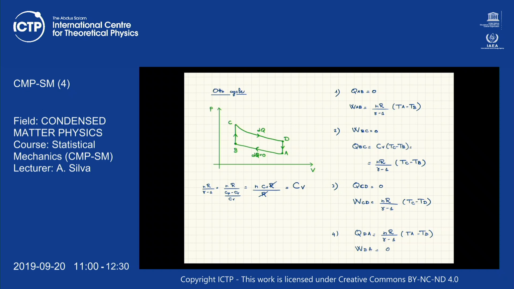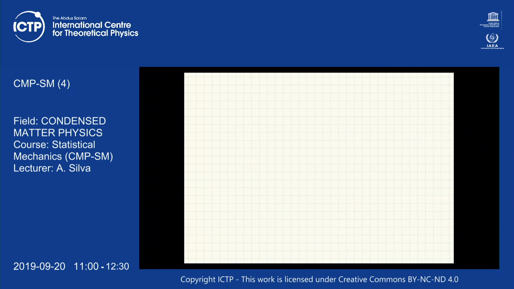So that's important because we want to know what is the efficiency, so it's important to characterize what is money and what is waste. All right, so this said, what is the efficiency? The efficiency is W divided by QBC.